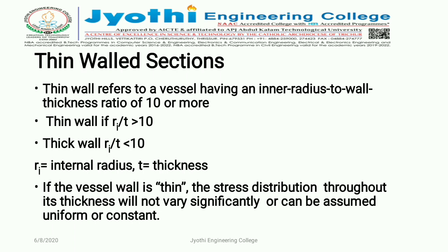That means for a thin-walled pressure vessel, the ratio of Ri to T is greater than 10. Ri is the internal radius and T is the thickness of the wall. For thick-walled sections, the ratio of Ri by T is less than 10. For a thin-walled section, stress distribution throughout the wall thickness is constant because the wall is very thin.